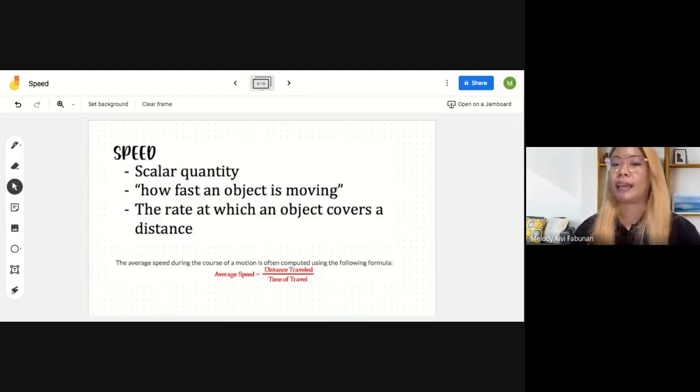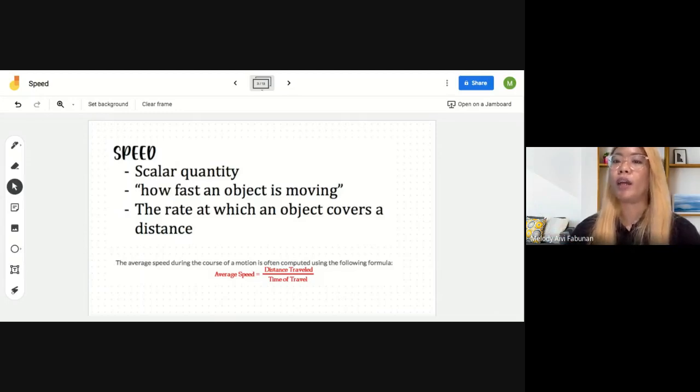Because speed is a scalar quantity, we do not need the direction in which the object is moving, because the value, unit, and direction are for vector quantities. Next week, velocity is a vector quantity, but for this week, our focus is all about speed, which is a scalar quantity.